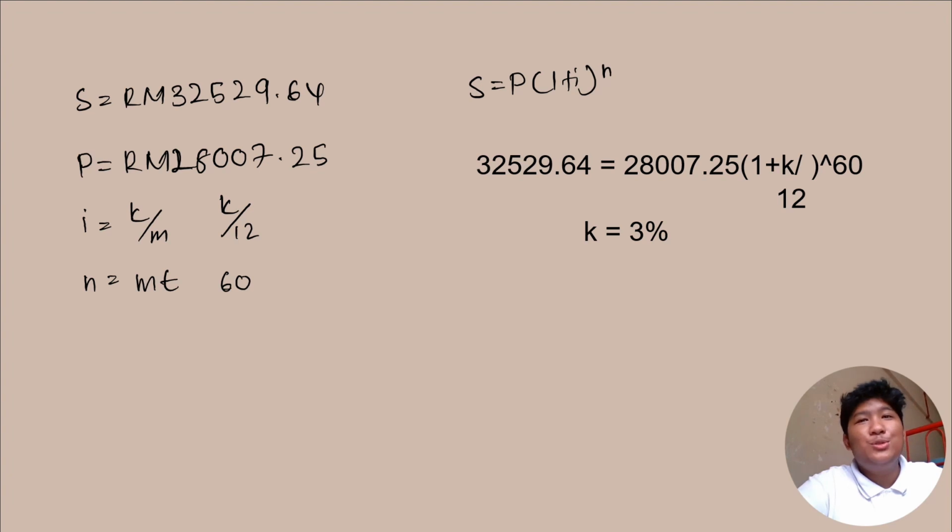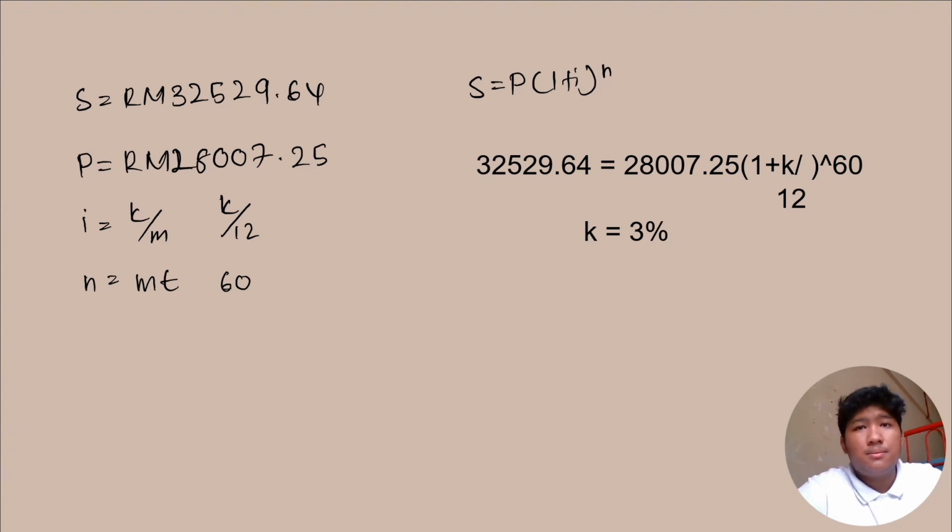The formula that will be used in question 2A is future value, which is S equals P in bracket 1 plus i close bracket the power of n. S is RM 32,529.64. P is RM 28,725. i equals K per m, which is K per 12. n equals m t, which is 5 multiplied by 12.